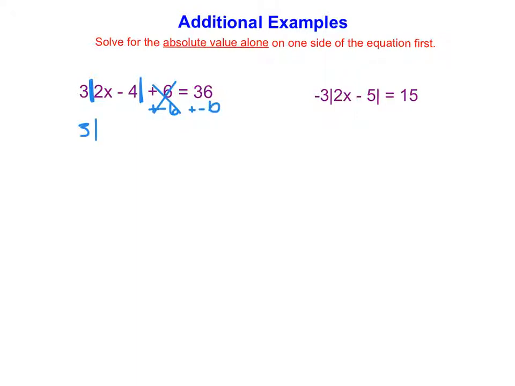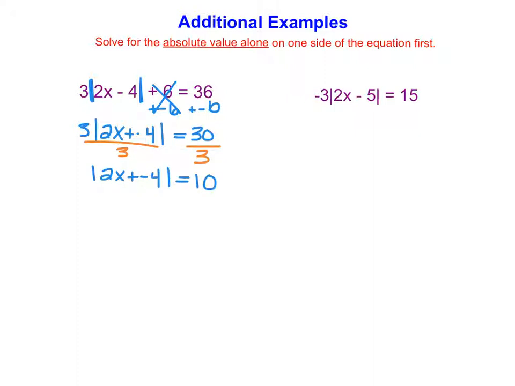We're left with 3 absolute value, 2x minus, or plus a negative 4, I'm going to use keep, change there, equals 30. My next step is to undo that multiplication of 3 out in front, so we're going to divide by 3 on each side. So we end up with the absolute value of 2x plus negative 4 is equal to 10.